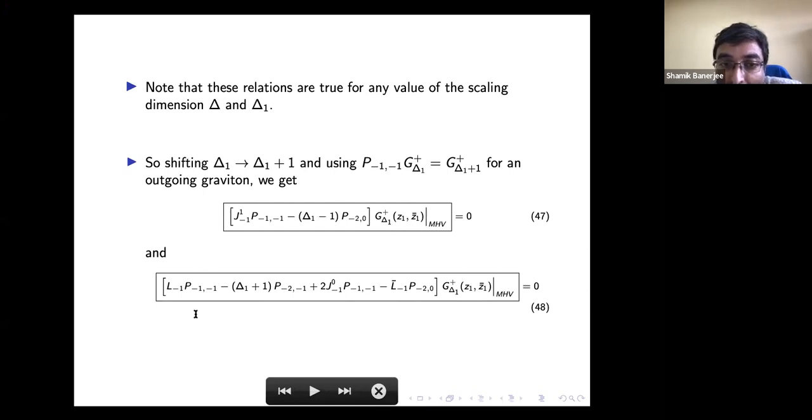That means if I insert this inside a scattering amplitude, then that correlation function must be zero, and that gives us the differential equations.